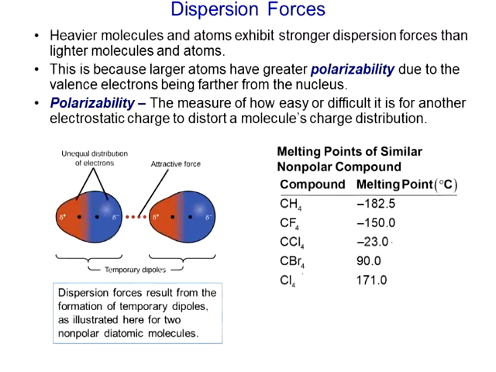The greater the polarizability of the atom, the higher the dispersion forces. The higher the dispersion forces, the higher the melting point. Atoms near the bottom of the periodic table will be more polarizable than atoms near the top of the periodic table within the same group.